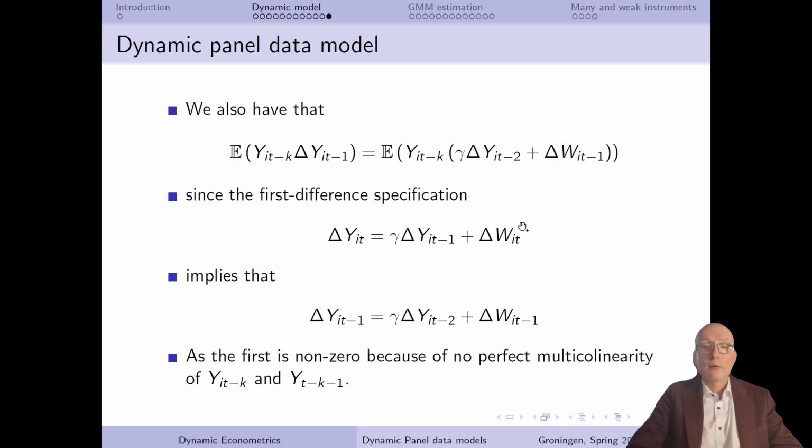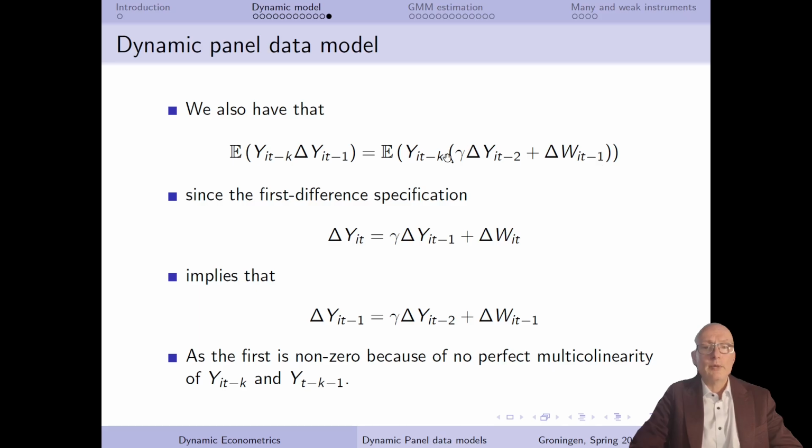We have already looked at that a couple of times before, but that of course also implies that delta YIT minus 1 is equal to gamma delta YIT minus 2 plus delta WIT minus 1. So that implies that we can substitute this into there in order to get the mean of YIT minus K multiplied by gamma delta YIT minus 2 plus delta WIT minus 1.